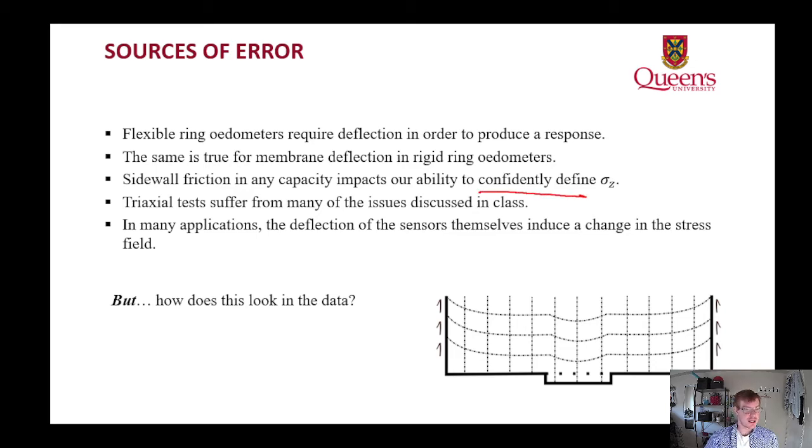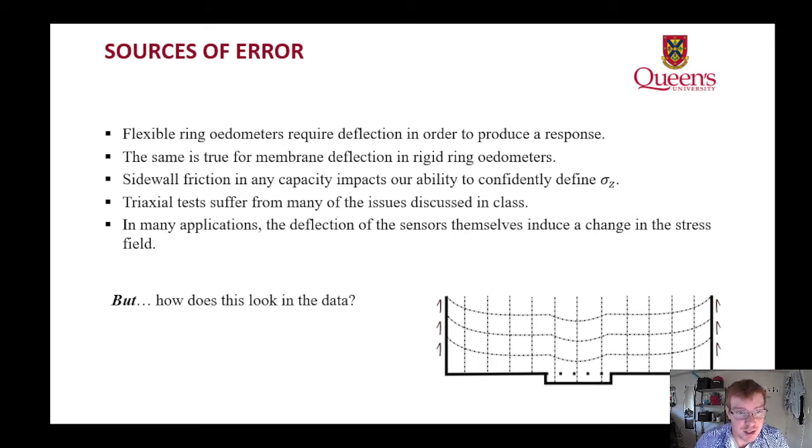Triaxial tests suffer from many of the issues discussed in class, specifically our ability to define sigma z. There are issues with friction in the loading ram and where we place our load transducers, as well as sample preparation, poor seating, the list goes on.